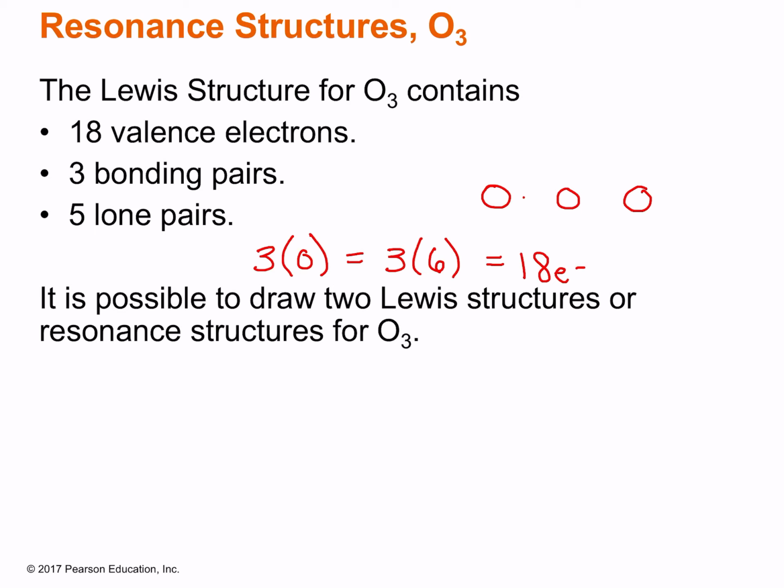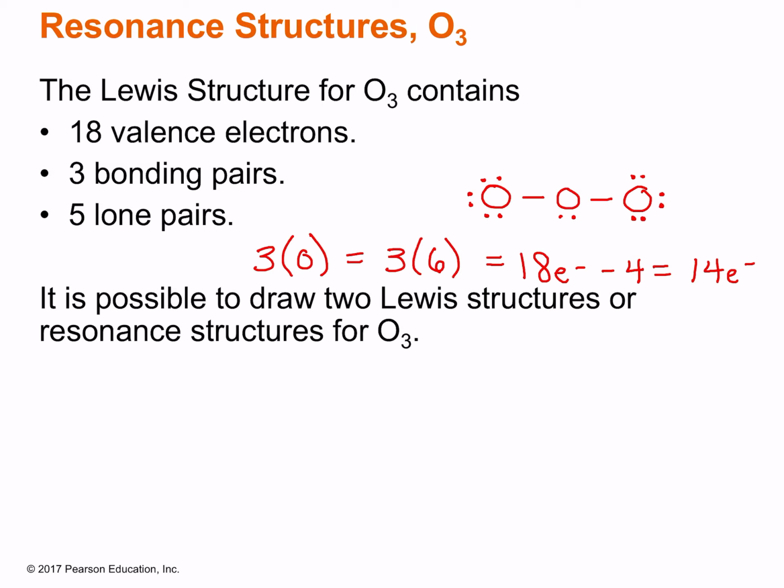We use 4 of them making those first bonds, so we have 14 electrons left. So we go, 1, 2, 3, 4, 5, 6, 7, 8, 9, 10, 11, 12, 13, 14.